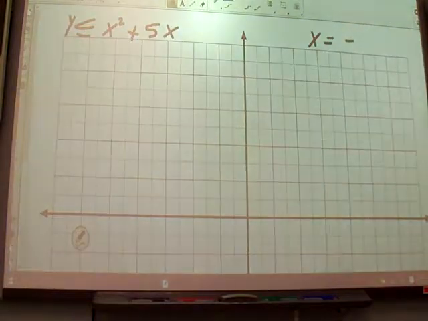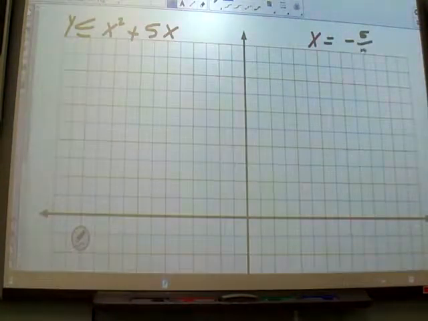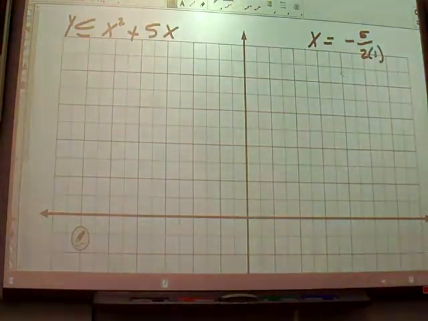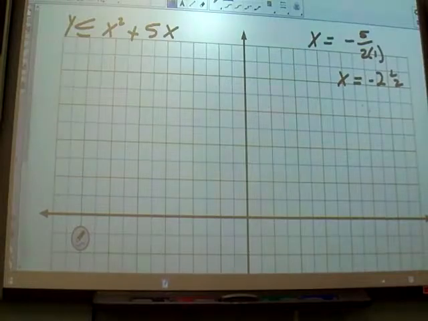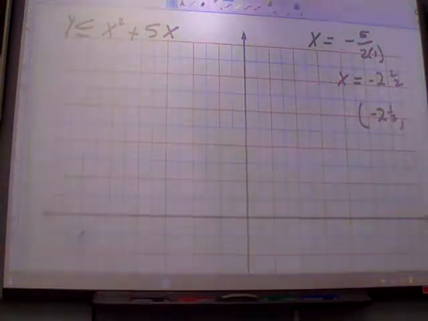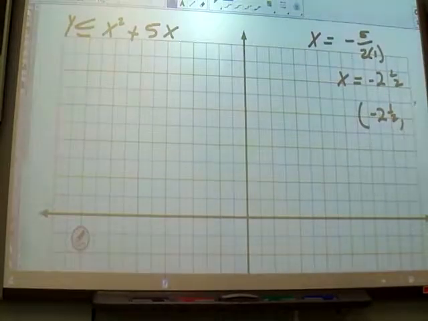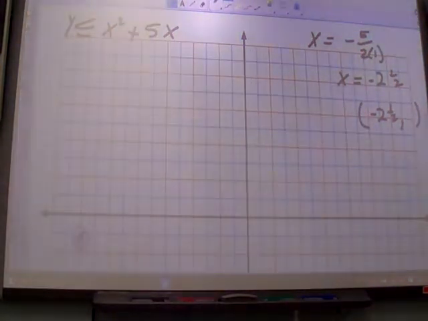Hold up. Don't slide it. I don't know how to shade it. Wait, how'd you get that?